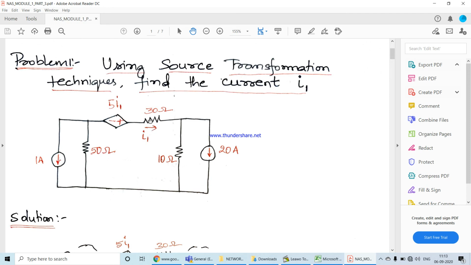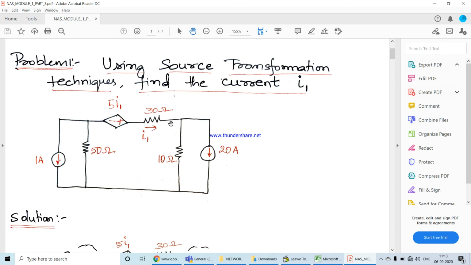Here, very soon you can think that the current I1 can be obtained if you convert this parallel to serial. Because when I apply KVL to this loop, after this parallel is converted to serial, the current I1 through the 30 ohm resistance can be easily found.